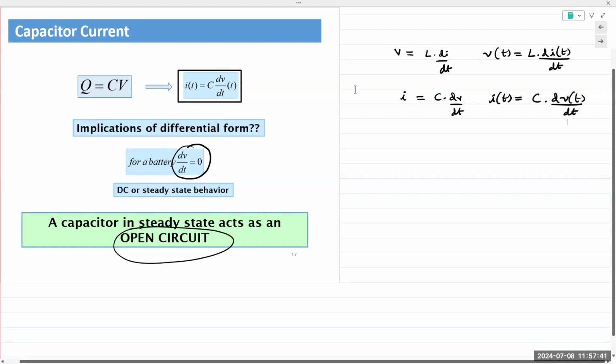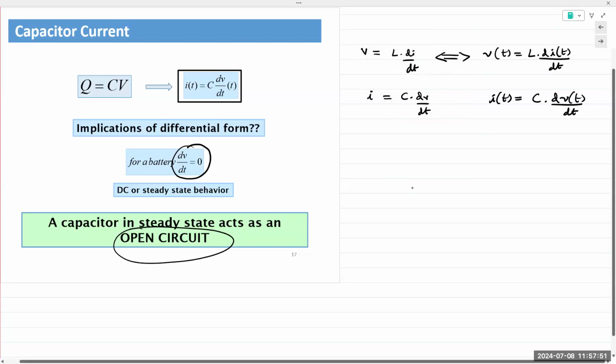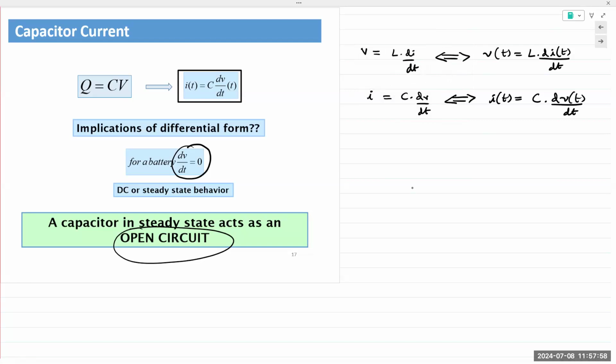So oftentimes you would see references from different authors or different books or different papers with or without the t as a function of time. And they are all acceptable and same to each other. Even further, if you have more than one capacitor or more than one inductor in the same circuit, you would note it with a subscript, meaning the inductor would be VL of t, and the capacitor would be IC of t.